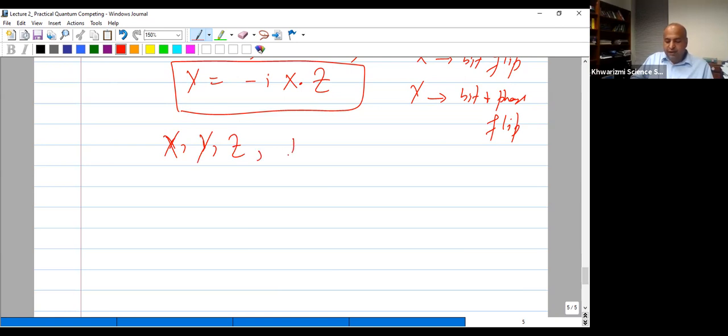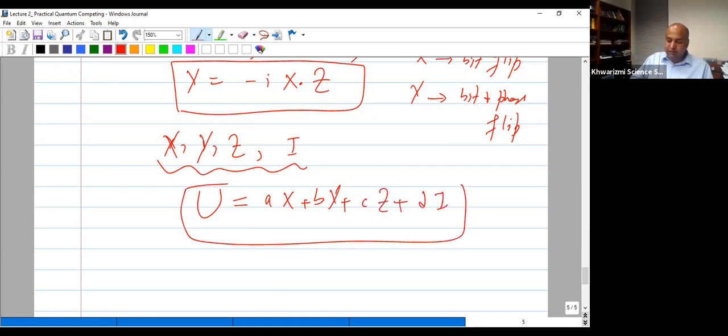If you include identity operation in this group as well, so these four matrices actually form sort of a basis for any general unitary, because any general unitary matrix U that is like 2 by 2 matrix can be written as a superposition of these four gates. I'm not going to prove it, but it's very easy to understand as well.